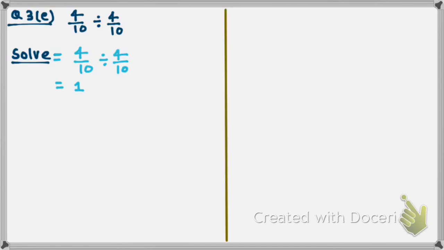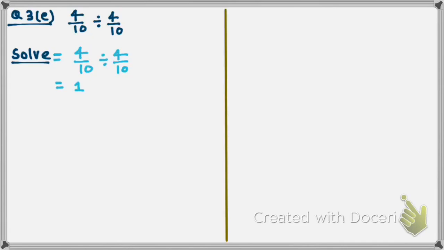I could have done it like that, 4 upon 10, then 10 upon 4, but I don't need to do that, because we know that whenever we divide by the same number, it becomes 1.